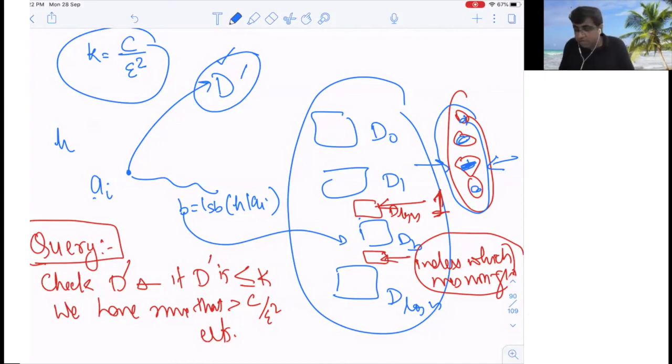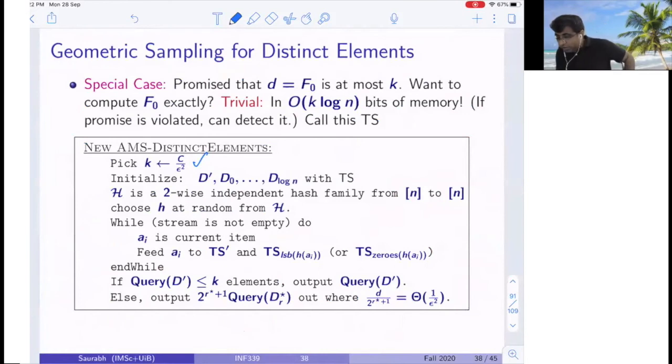Let that constant be governed by this K. And my belief, or whenever I say belief or expectation or probability, is that all the elements with that many number of bits will be stored explicitly there, and we will use that quantity to give the estimate of the number of distinct elements. So this is the whole idea.